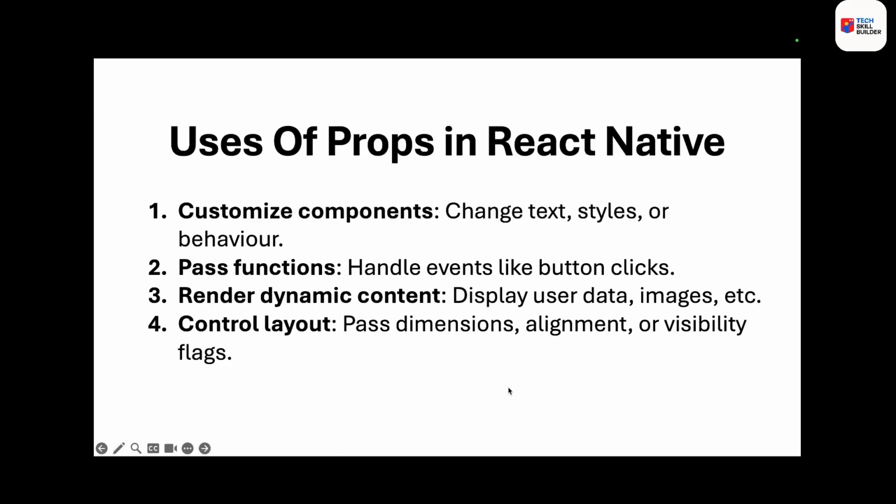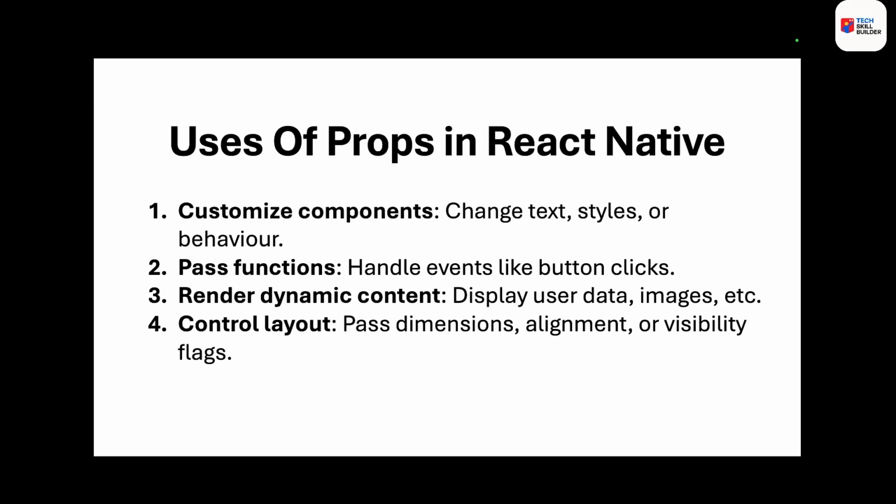So what are the uses of props in React Native? As I said, if I have to greet five people, I will not write five different components. Instead, I will write one component and pass the dynamic value. Props help to customize the component, to change the text, styles, or its behavior.